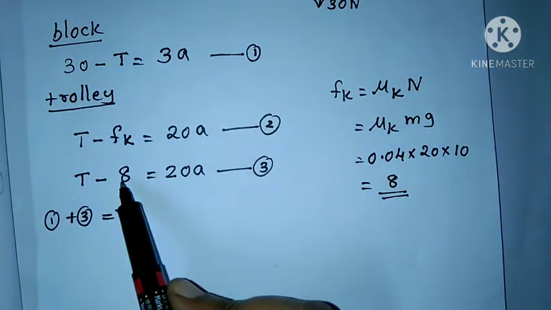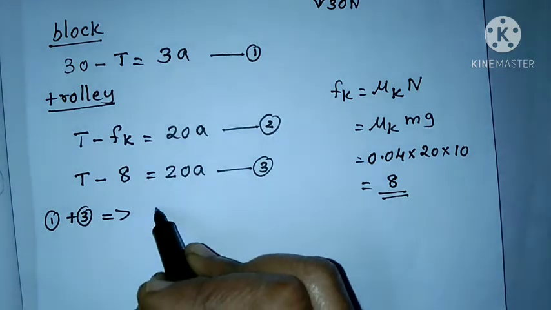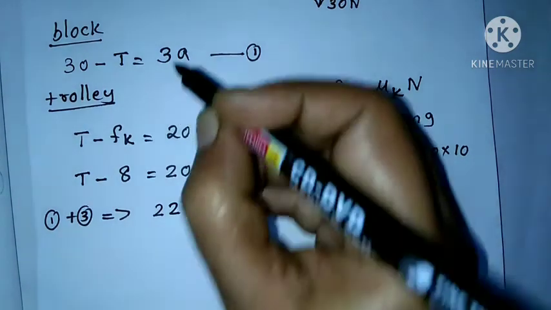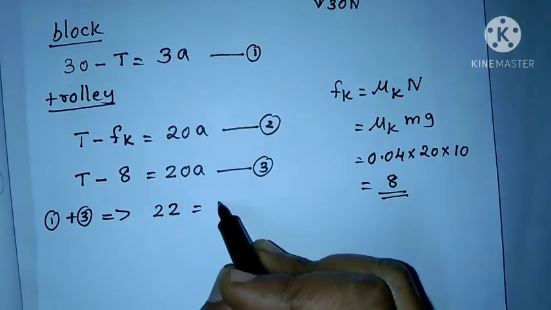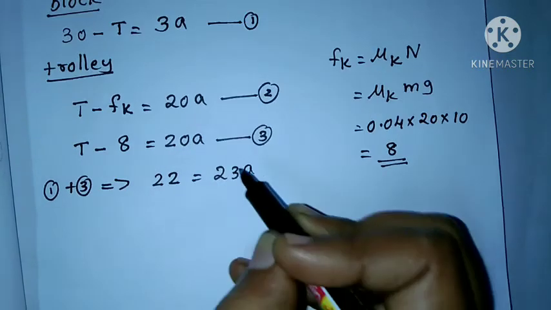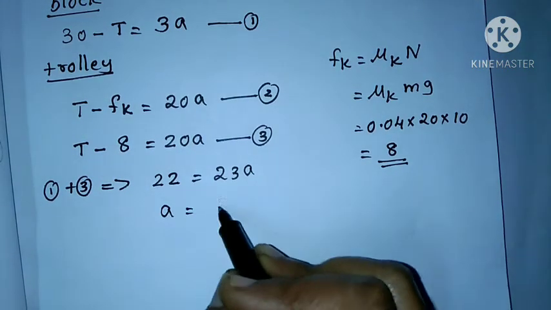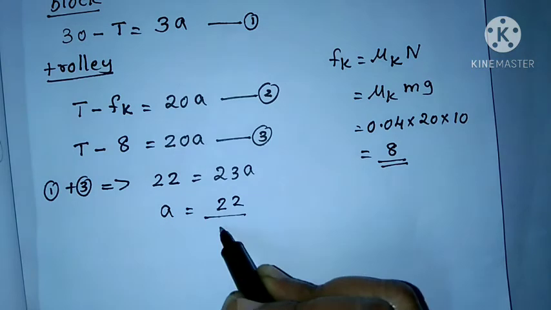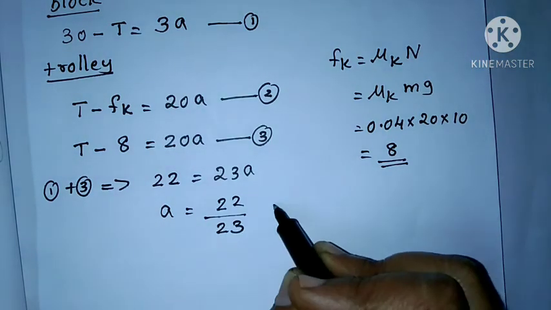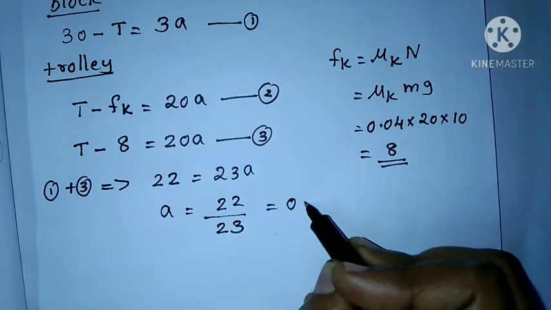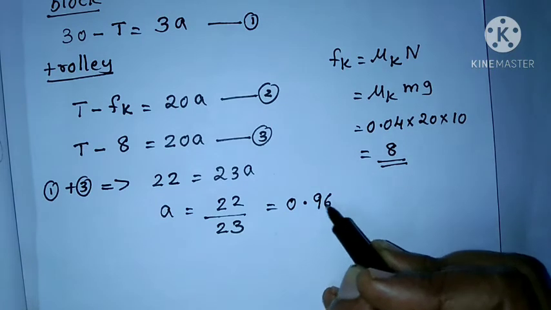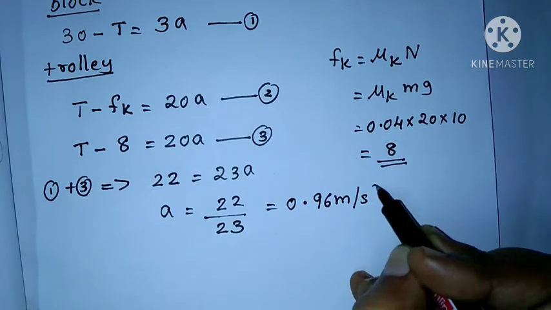That is 30 minus 8, which is 22, equal to 3a plus 20a, that is 23a. So the acceleration is equal to 22 by 23, and you will get the answer 0.96 meter per second square. Clear?